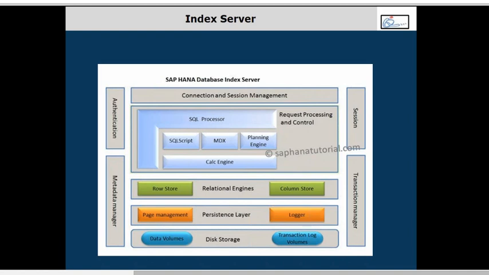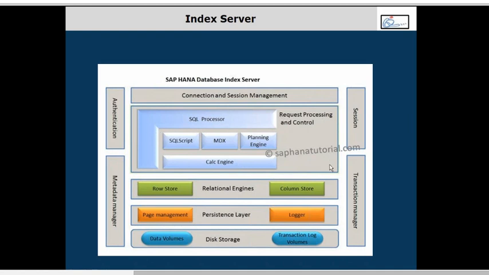Every operation you do in the client system sends a request that has to be processed in the server. Whatever request is sent to the HANA server is all processed by this block. We call this the request processing and control block, which has these engines: SQL processor, SQL script, MDX engine, planning engine, and calculation engine.